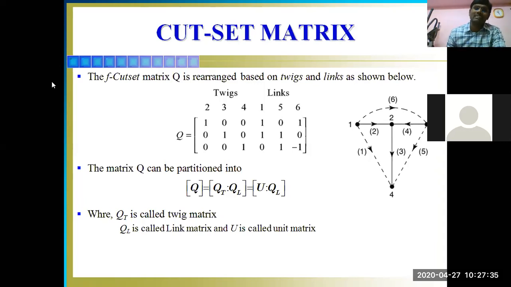So you can also check whether you have got your matrices right or wrong. For cross checking the incidence matrix, the sum of the elements of each column will be equal to 0, not the rows. Whereas for the tie-set matrix, the link matrix must be a unit matrix, and for the cut set matrix, the twig matrix must be a unit matrix.